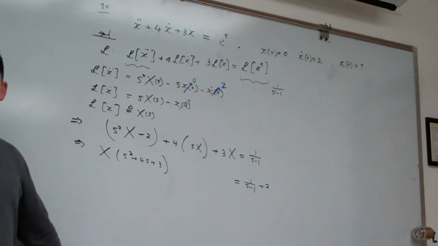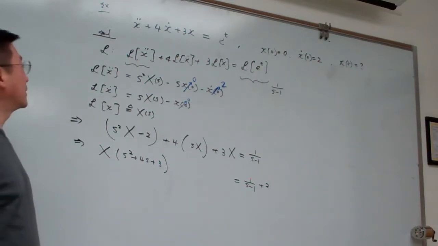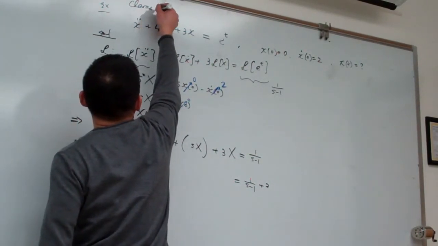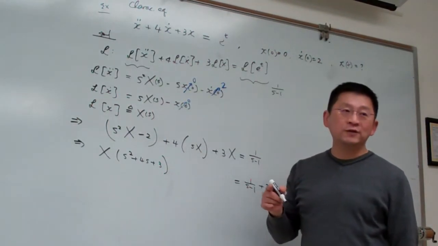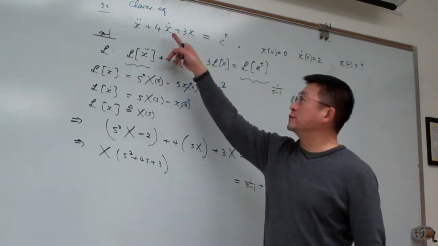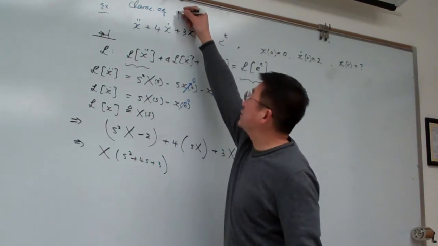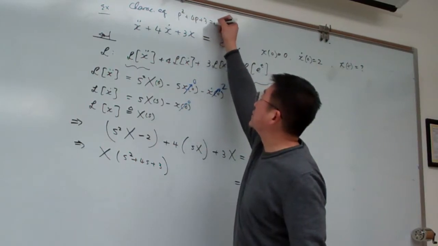One approach I showed you is we start with the characteristic equation. You pick up the coefficients of each term, and the corresponding characteristic equation is p squared plus 4p plus 3 equal to 0.